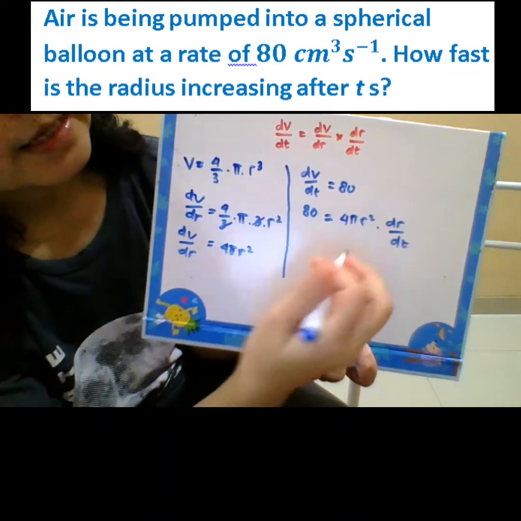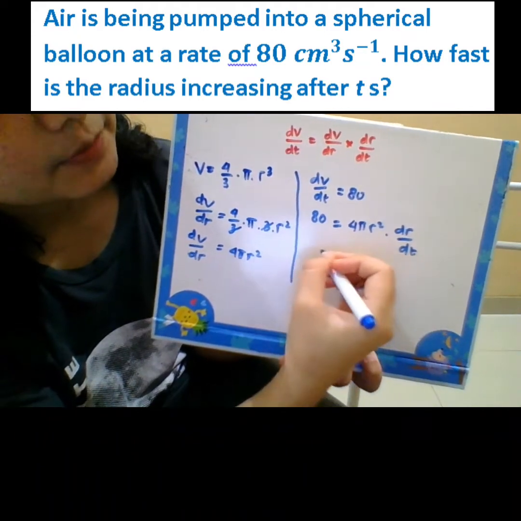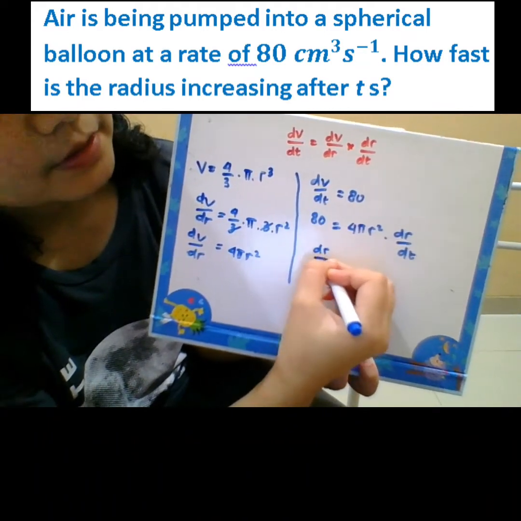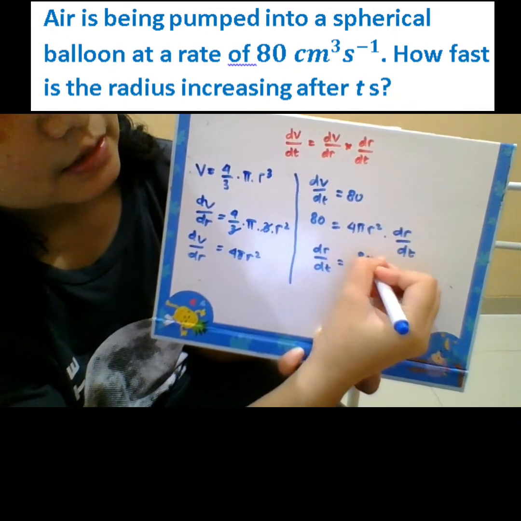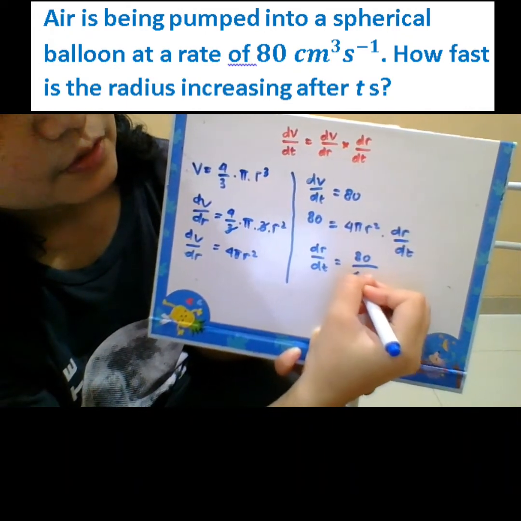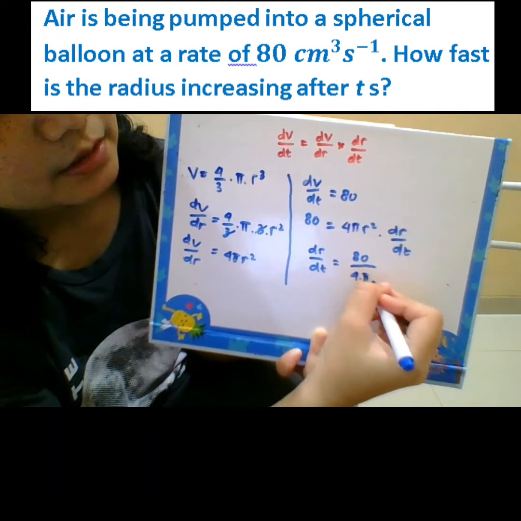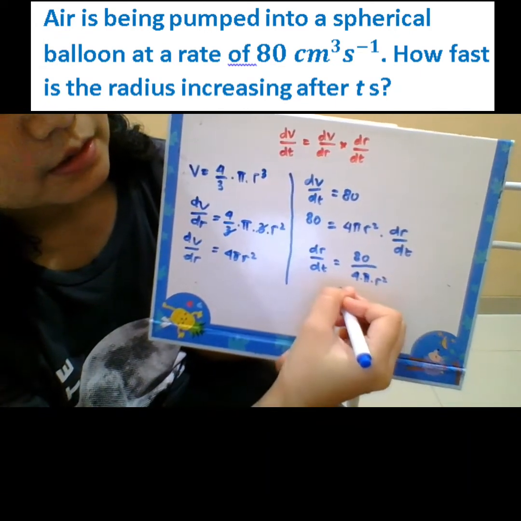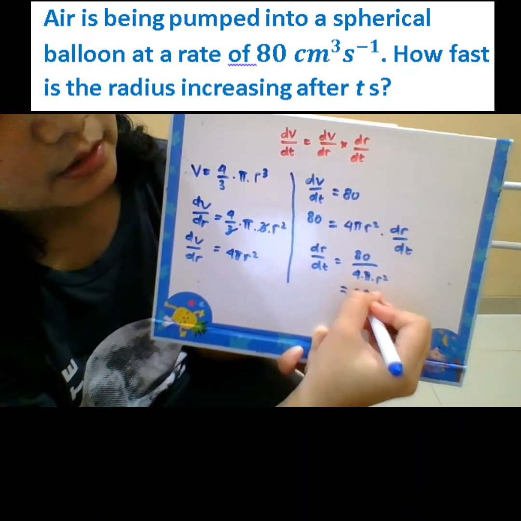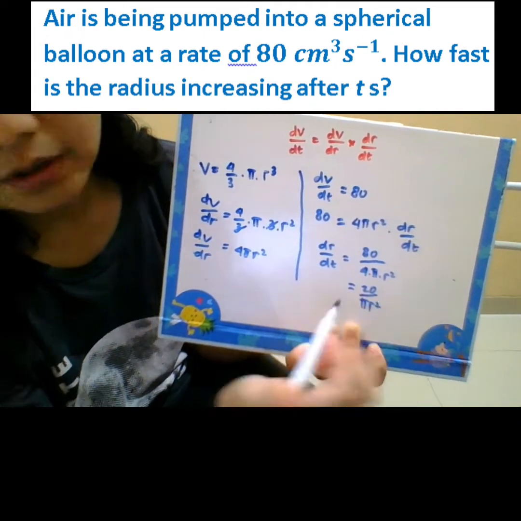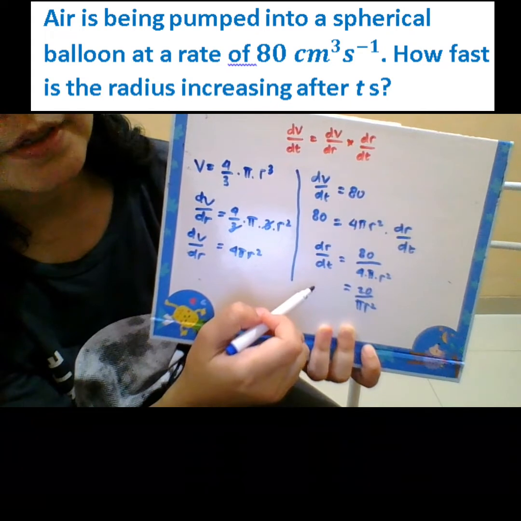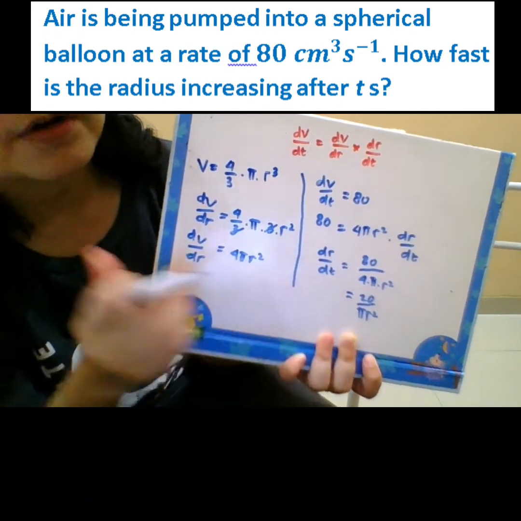Then you can find dr per dt. dr per dt is equal to 80 divided by 4 times pi times r square, or you will have 20 per pi r square. So this one is the answer for dr per dt in terms of r.